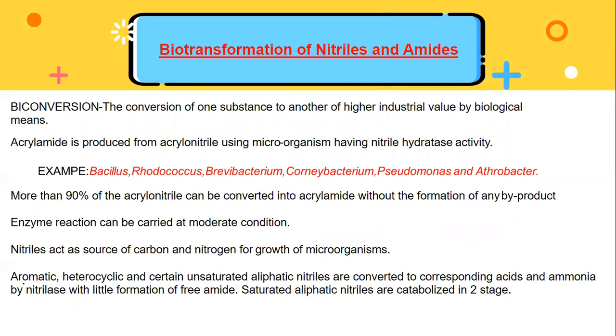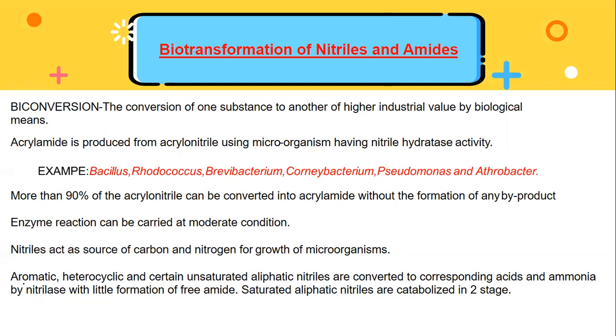The enzymatic reaction is carried out in moderate conditions, as we saw, and the nitrile acts as a source of carbon and nitrogen for the growth of microorganisms, so we don't really have to supply a lot of extra growth nutrients. Aromatic, heterocyclic, or unsaturated aliphatic nitriles are converted by these microorganisms into corresponding acids and ammonia by nitrilase or nitrile hydratase, with very little formation of amide.